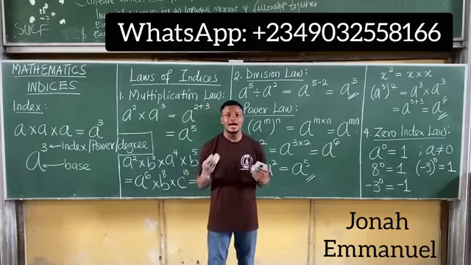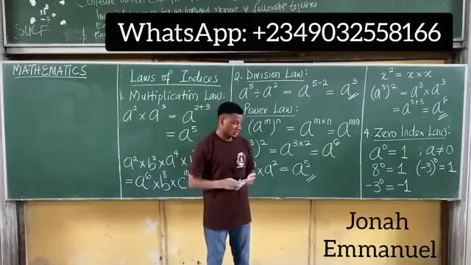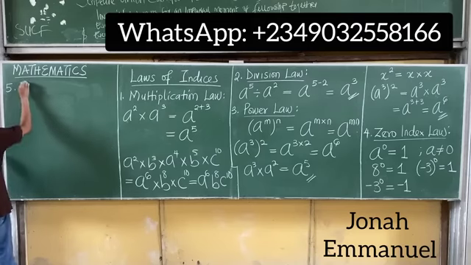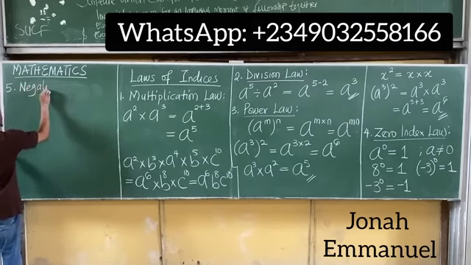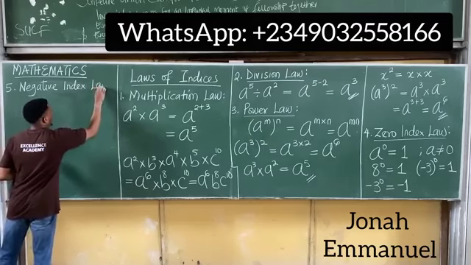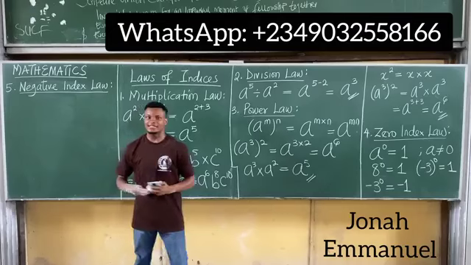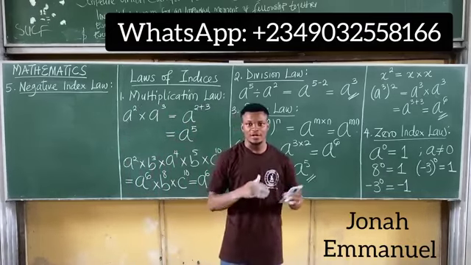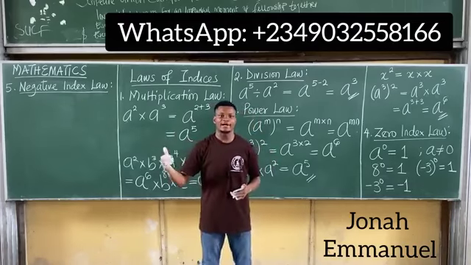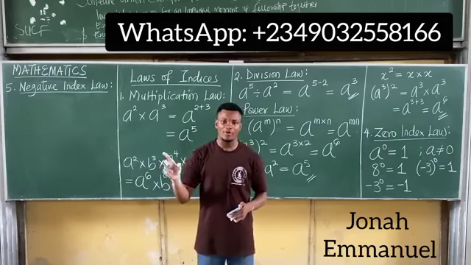Let's look at yet another law of indices. Let's look at the fifth one. The fifth one is called the negative index law. This law states that if I have a base raised to a negative index or a negative power, it will be equal to the reciprocal or the inverse of that base raised to the positive form of that power.